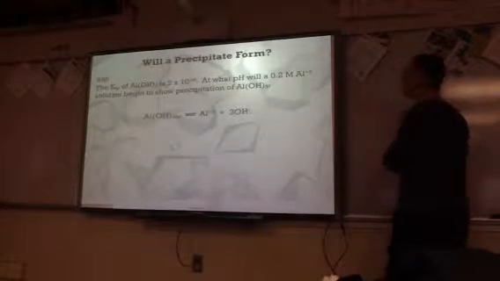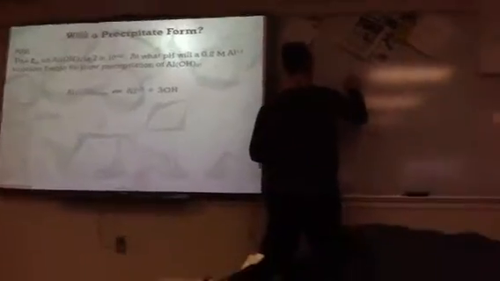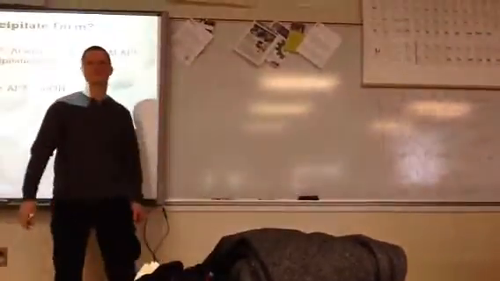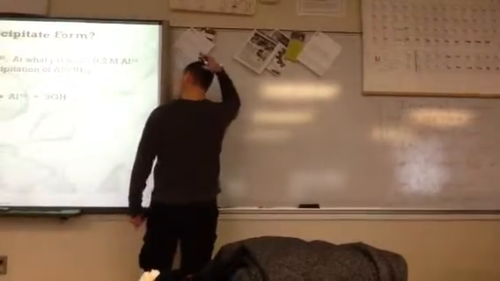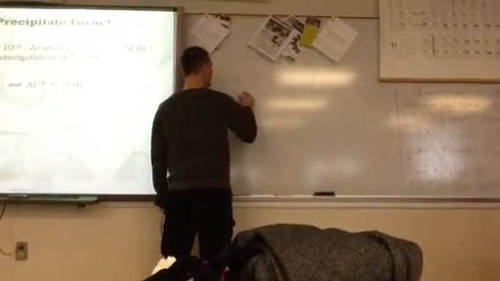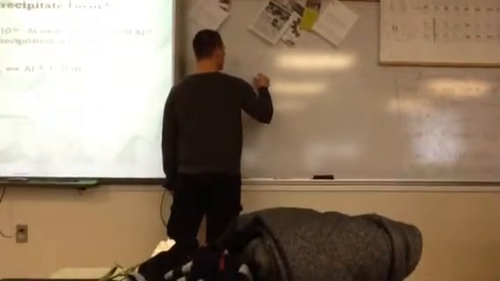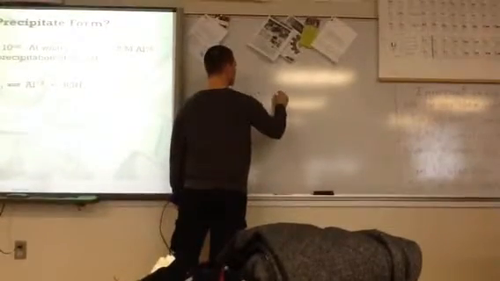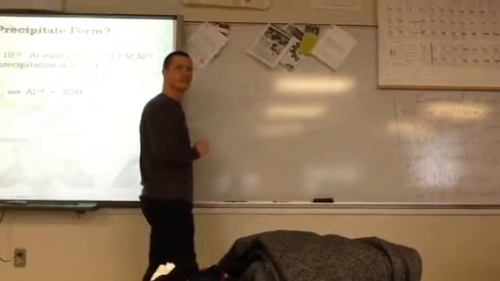Now, would you agree, if we want to show precipitation, that means that Q has to be greater than K? So if we know the concentration of one of these ions, the aluminum ion, Q is equal to the concentration of aluminum times the concentration of hydroxide.